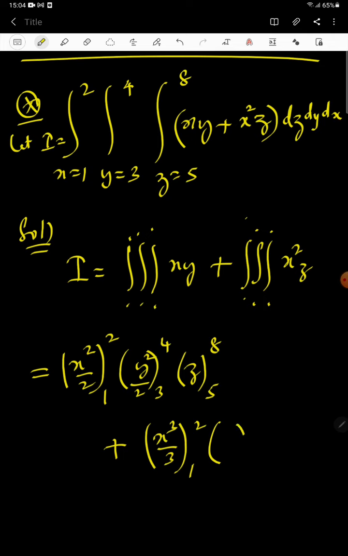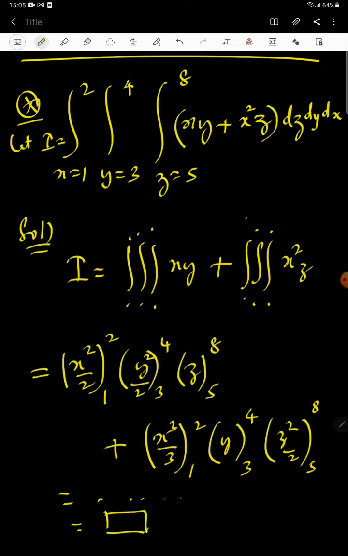I am taking direct steps here, assuming that you are following. Integral dy, there is no y term here, so integral dy will become y and limits from 3 to 4, and integral z is z square by 2 from 5 to 8. I am not simplifying because you can get it very easily, you will get these values.